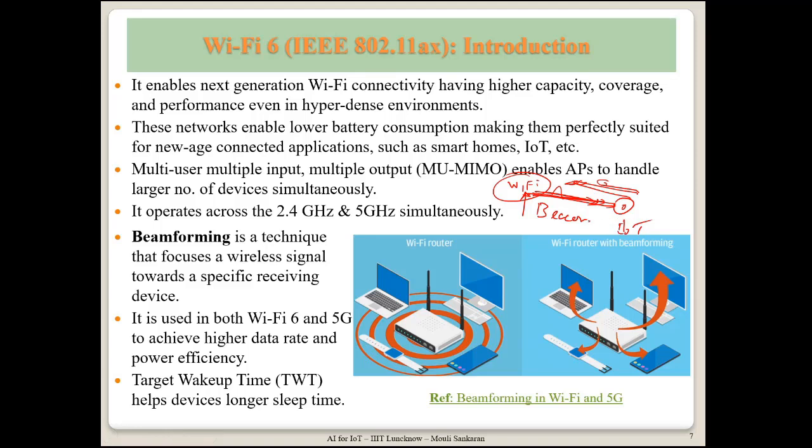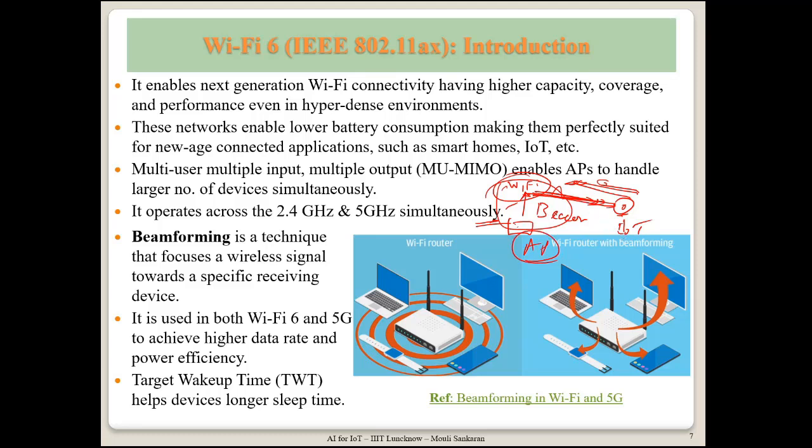Now, Wi-Fi routers do not have a power consumption problem because they are normally connected to power. But IoT devices are operating on batteries, so they cannot transmit as powerfully as a Wi-Fi router or as frequently as a Wi-Fi router or AP, the access point.